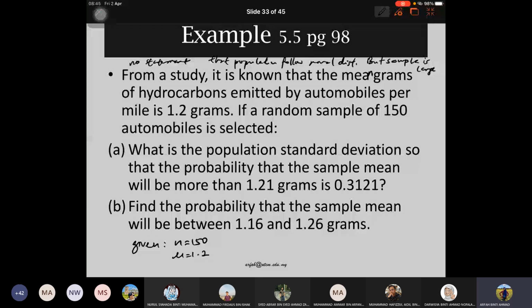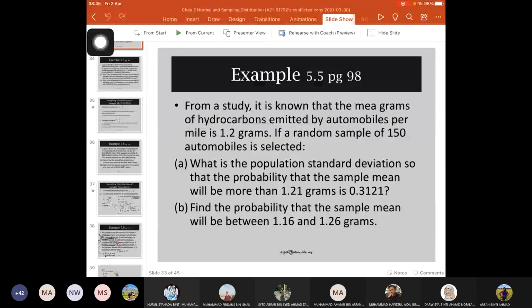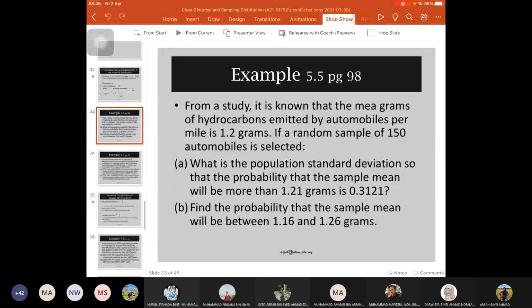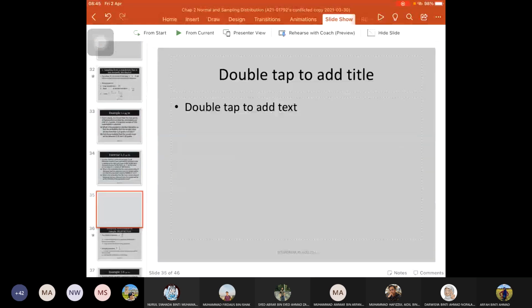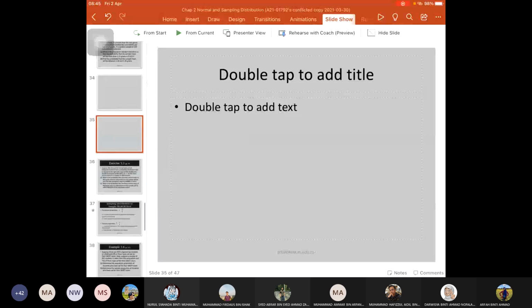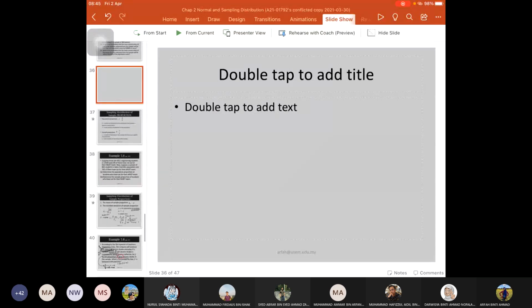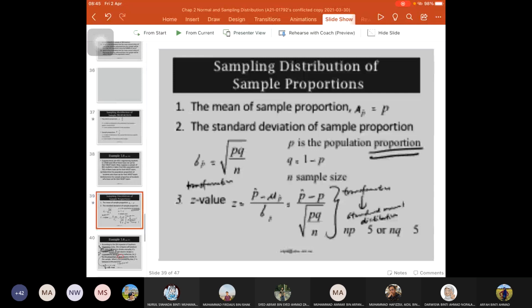So, since sample is large enough for this example, okay.